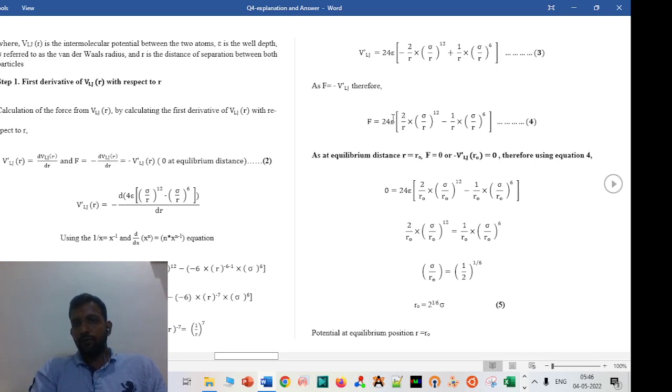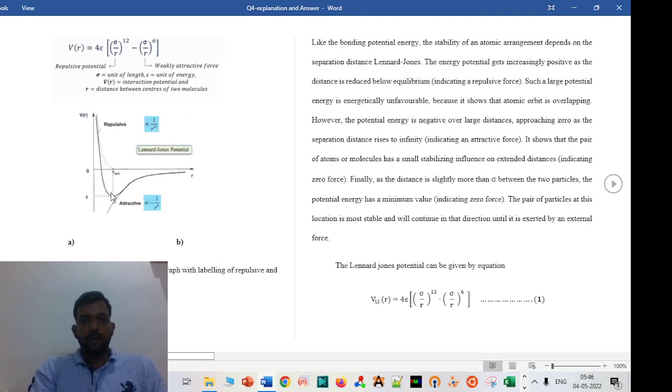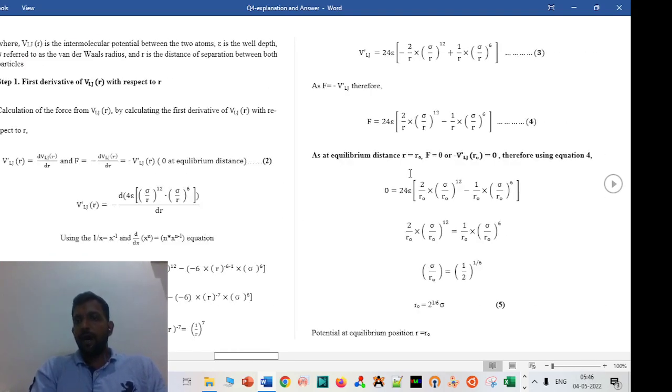Now, if you do some preliminary mathematics, you will find that the force is proportional to terms in r to the power 13 and r to the power 7. Sigma remains the same, and 24 is a constant. At the equilibrium distance, r is equal to r0, the distance between two atoms, and f is equal to 0.